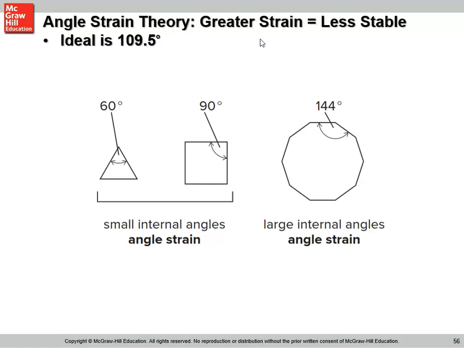So we're thinking about the conformational changes and how those eclipsed formats were more energy. They were a higher energy state. These higher angle strains are higher energy as well. Remember, the ideal for a tetrahedral structure of a carbon is 109.5.